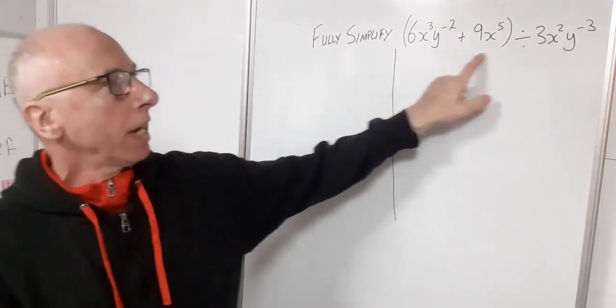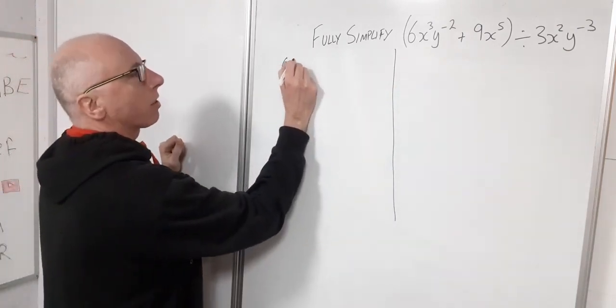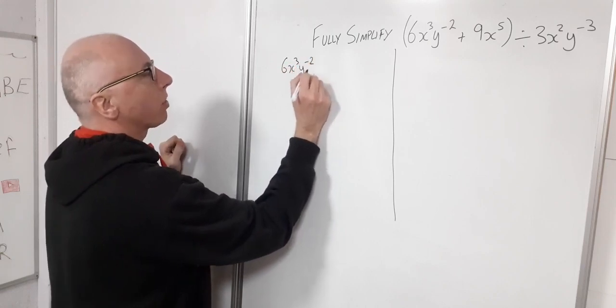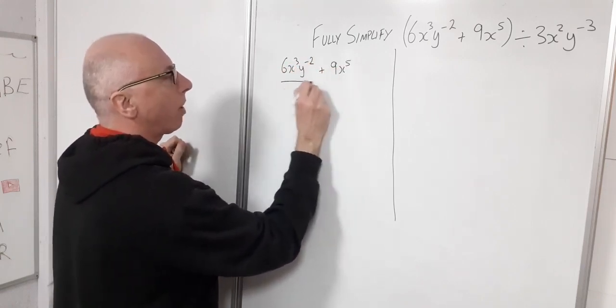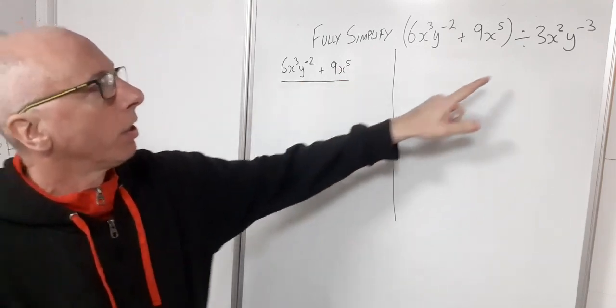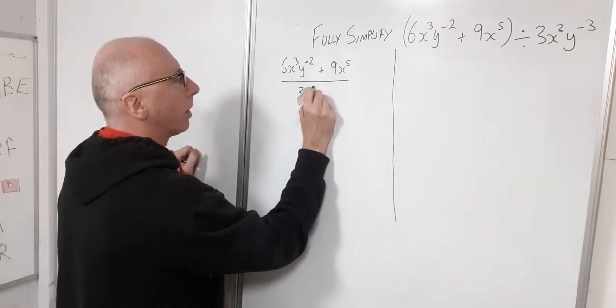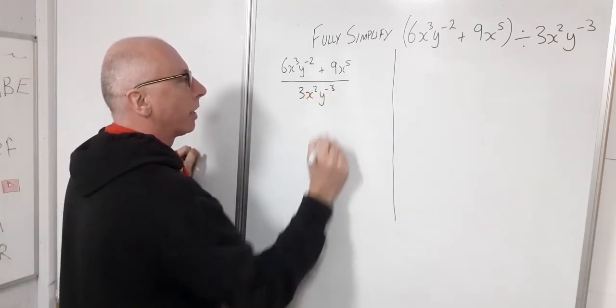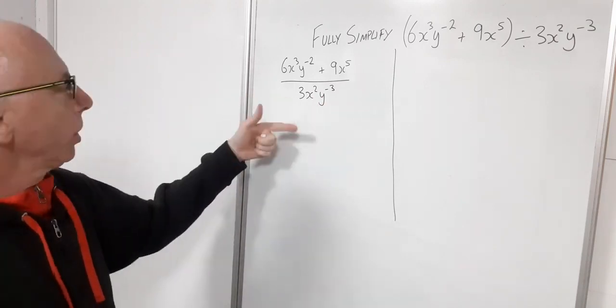First of all, we can write this out as a fraction. So we could have 6x cubed y to the minus 2 plus 9x to the 5, and write that as one big quotient over 3x squared y to the minus 3. Okay, now what we can do here is split the fraction.